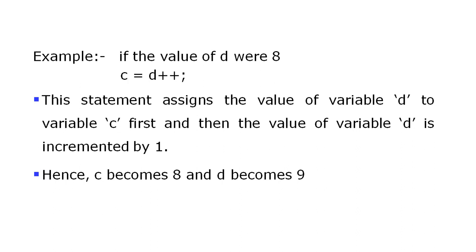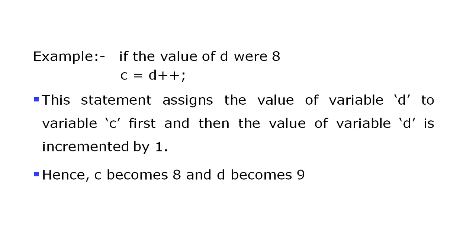Just observe this example. The value of d is 8. c equals d++ means first the value 8 is assigned to c, and afterwards d is incremented by 1, that is 8 plus 1, and it becomes 9.